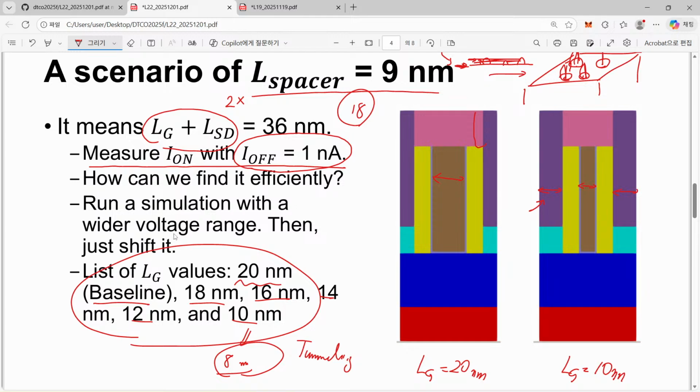Then maybe you can ask me this question: how can you keep this off current at a given value? In order to keep our off current at a given value, we must have some ability to change our effective work function properly.